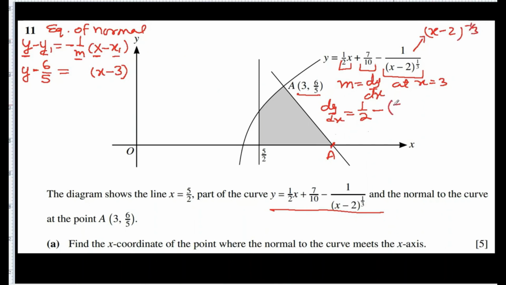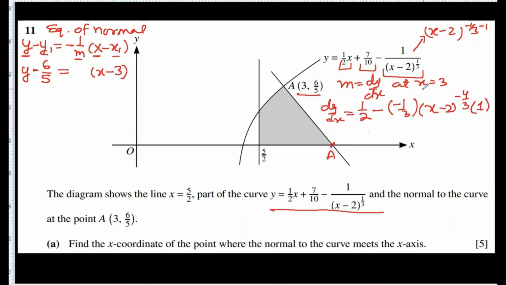So we will write minus 1/3 first, and then we'll write the bracket again. The exponent of the bracket will go down by 1. So we subtract 1 from it. It becomes minus 4 over 3. And further, we differentiate the contents of the bracket and multiply with the rest of it, and the differentiation of x minus 2 is just 1.